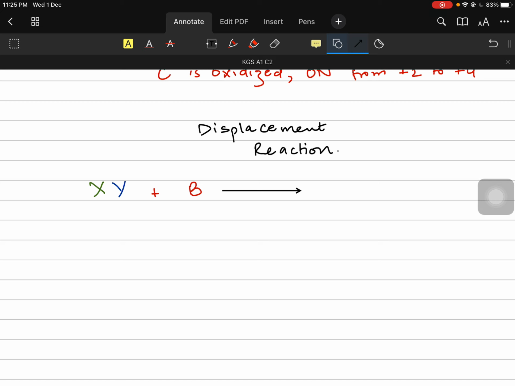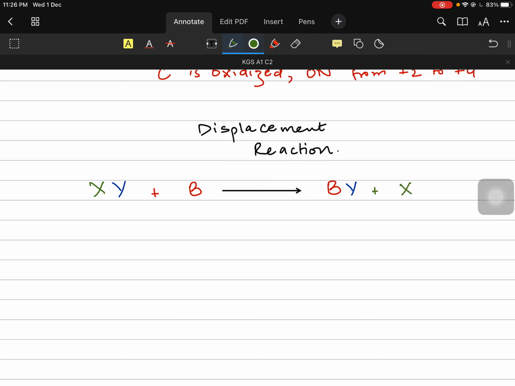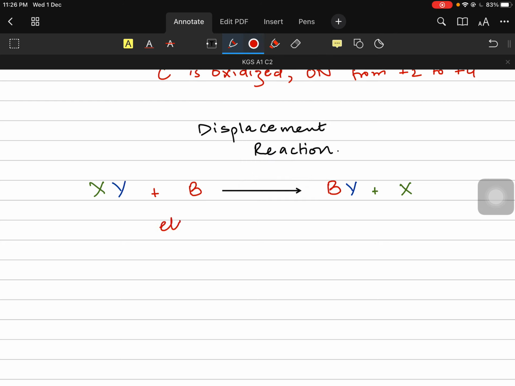Now, depending on what kind of charge B makes, B takes the spot of, let's suppose, X. So it forms a compound BY. Y is still over there, but now the X is a totally separate element. So this is a kind of reaction in which an element, it was an element in the beginning, makes a compound, and another element is released. So an element is making a compound.